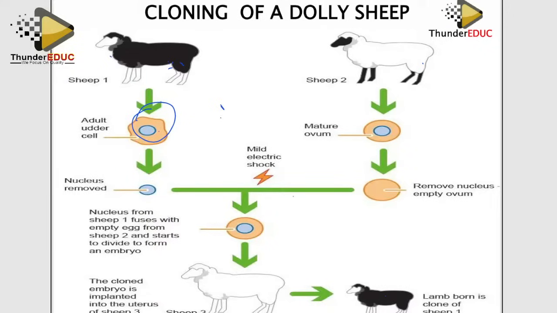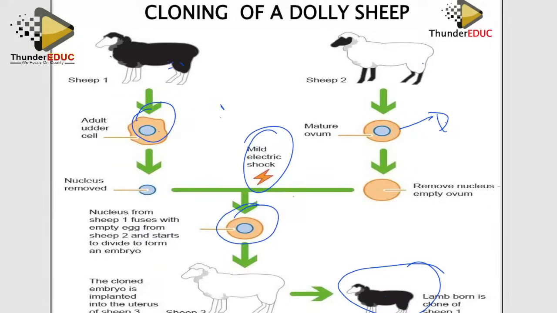It's because we wanted the characteristics of sheep 1, isn't it? Which method do we use to combine the two? We use the mild electric shock. Why did we keep the shell of sheep number 2? Because we obtained an ovum, therefore the resultant structure should look like an ovum.